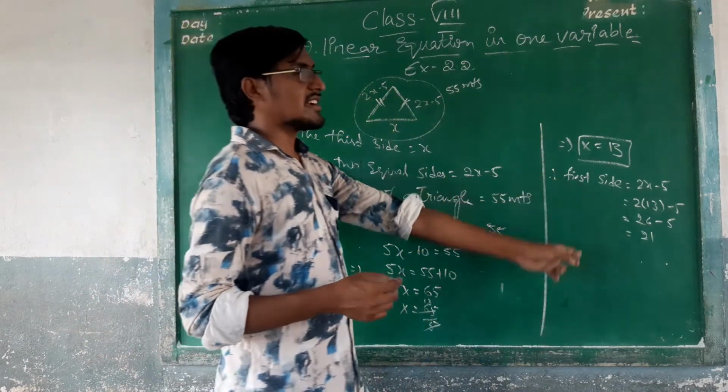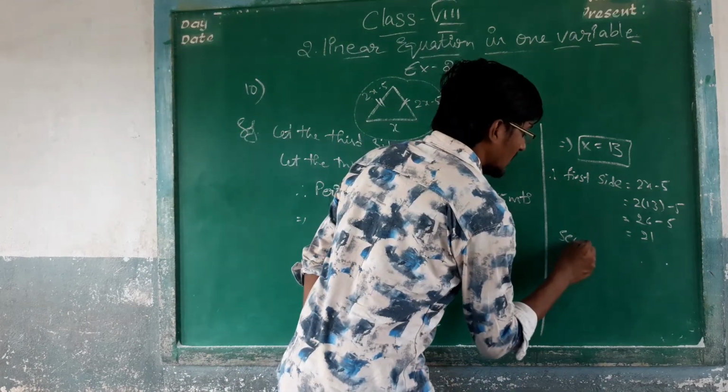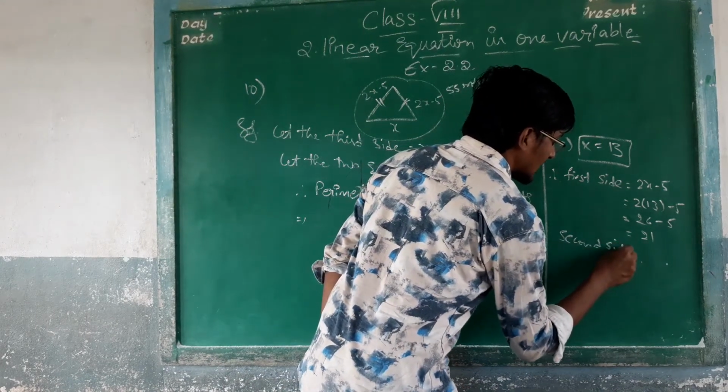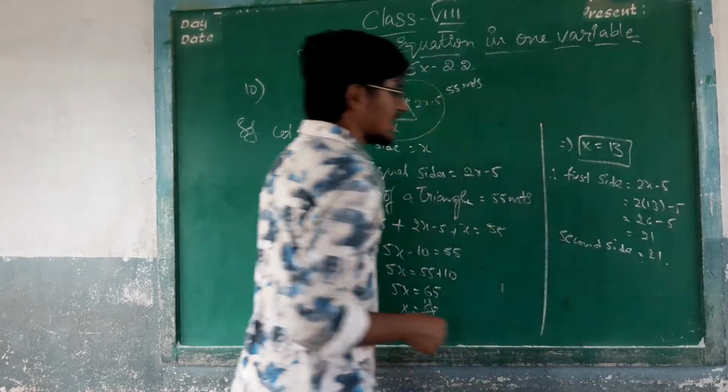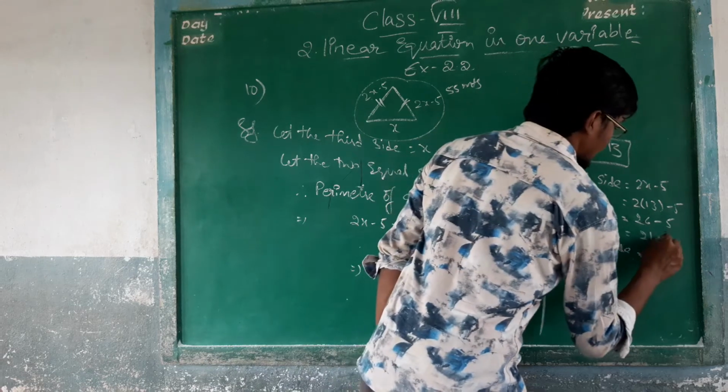The first side and second side are equal, therefore the second side is also 21 meters.